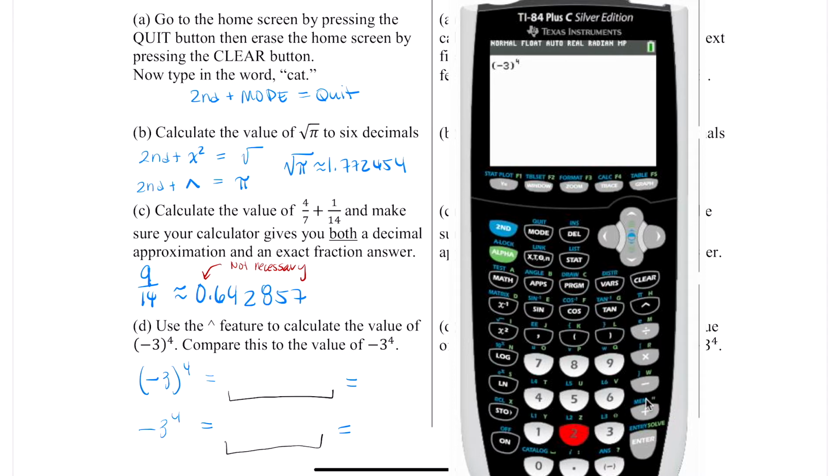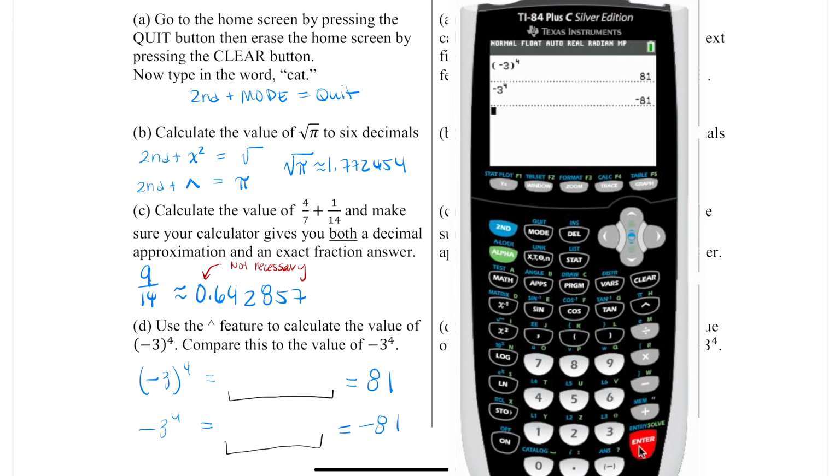This is counted not as a negative sign, but just as a subtraction sign. So the calculator is getting an error since it's thinking it needs to subtract by some other number first. So let's go ahead and hit this negative that's in the parentheses and then enter. And now I get positive 81. So now let's do it again. -3 exponent symbol to the 4th power, enter, and I get -81.